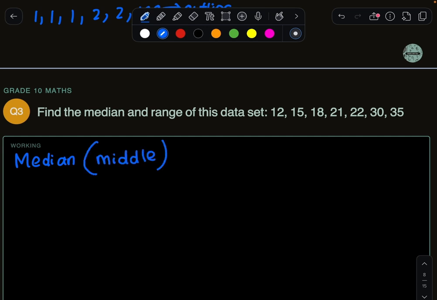And what you can do is if the numbers go from smallest to biggest, which these ones do, you can just cross out until you find the middle number. So I start smallest number, cross out, biggest number, cross out. Back of the side, cross out, that side, this side, that side, and then you get your middle number is 21. So this one, our median is 21.